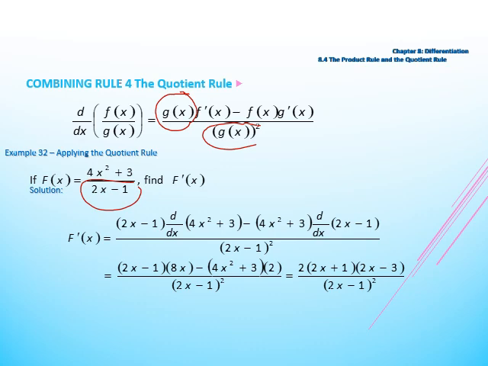So we take the denominator, 2x minus 1, times the differentiation of the numerator, which is 8x, minus the numerator without any differentiation times the differentiation of the denominator, which is 2, over the denominator squared. Here is the value of our differentiation.